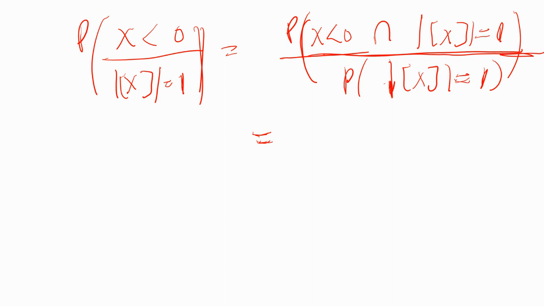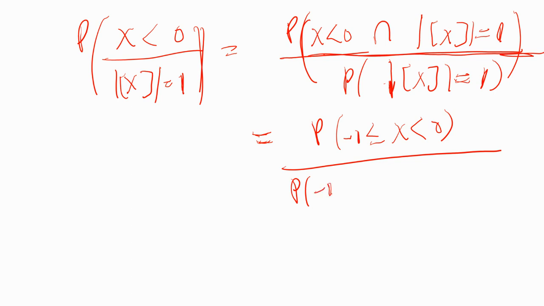So now this means x is in between minus 1 to 0, and below we have probability that x is in between minus 1 to 0 plus x is in between 1 to 2.